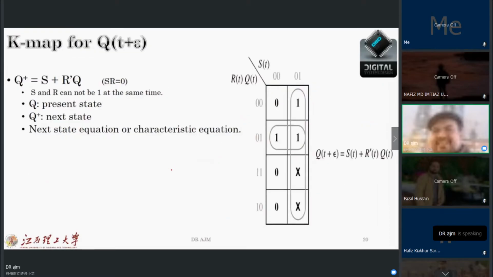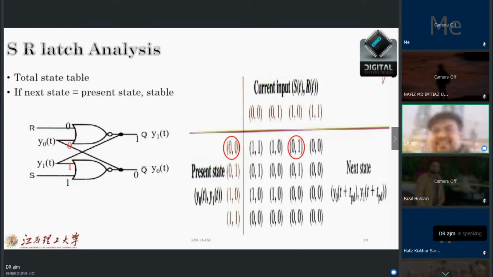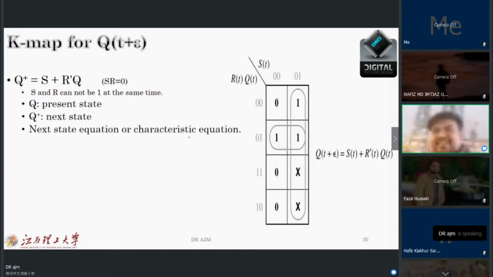Here you will see that this is 0 and 0. And we can select between the current inputs of S and R. We call it T because we know that they depend on time. Then we can see the various states and various performances of the latch that we have.